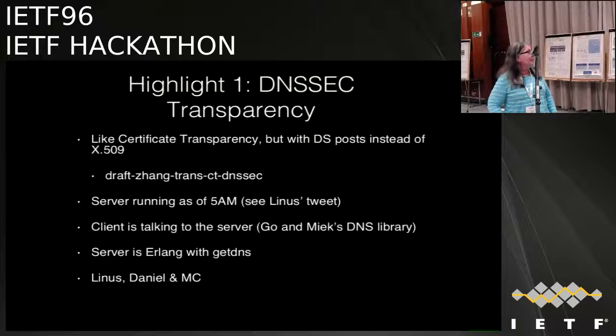The server was running as of 5 a.m. If you look at Linus Nordberg's tweet, you can see references to that server and how to send things to it. The client is Go with a DNS library from Miek Gieben, and the server is Erlang wrapped around getdns. So a full protocol, brand new, up and running as a result of this hackathon.